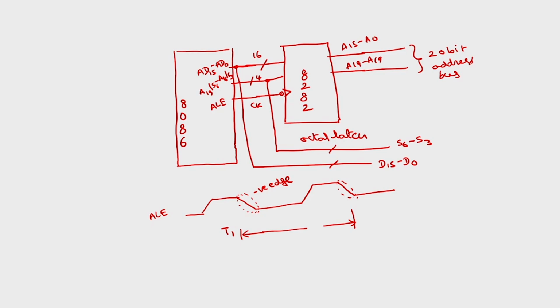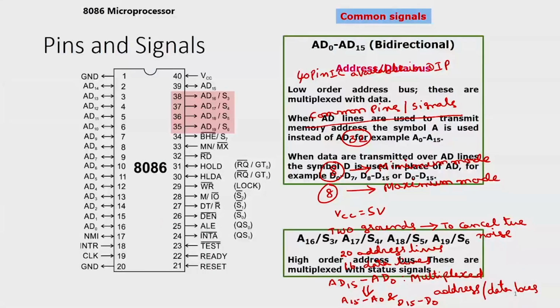These are the common signals, but ALE is a signal which is available for the minimum mode configuration. But because this function is required, I have discussed ALE here itself. So what are the other common signals? Out of these, I have discussed the ground, AD15 up to AD0. Then in this order, NMI and INTR, which I discussed in the last class.